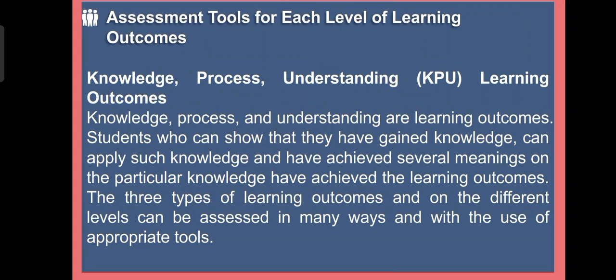These three things are knowledge, which means just knowing the information; process, which means being able to use that information in a practical way; and understanding, which means having a deeper meaning or perspective on the information.